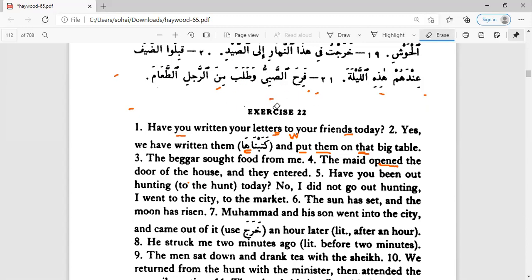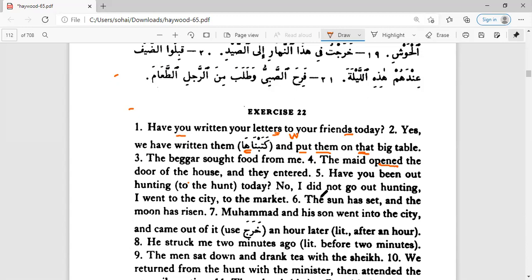Have you been out? Being out is going to be kharaja, and you can apply how you say it for a singular masculine person, you, second person. Then you say no. No is going to be la. I did not. How do you say I did not?